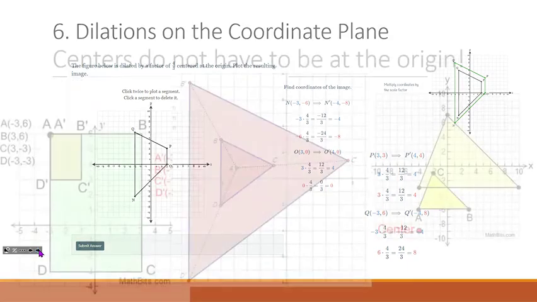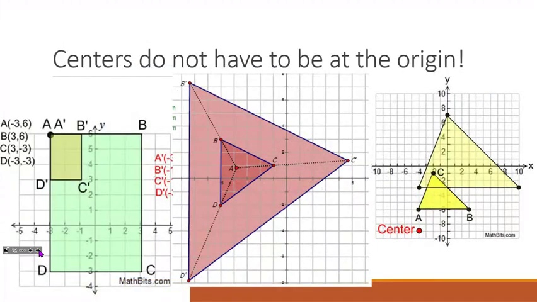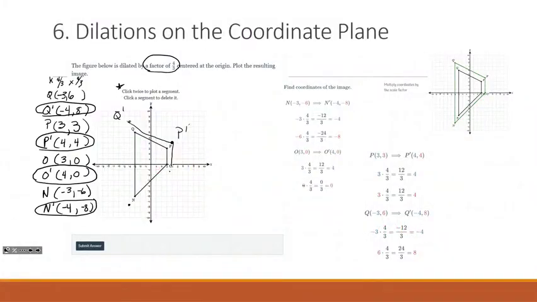Now I want to go through this. Notice back here, all of our points, we were finding all of our coordinates from the center at 0, 0 because it told us that it was at the origin.